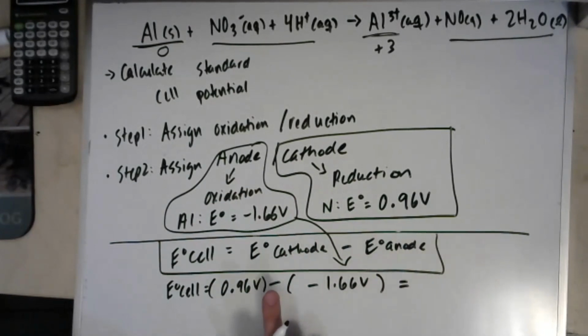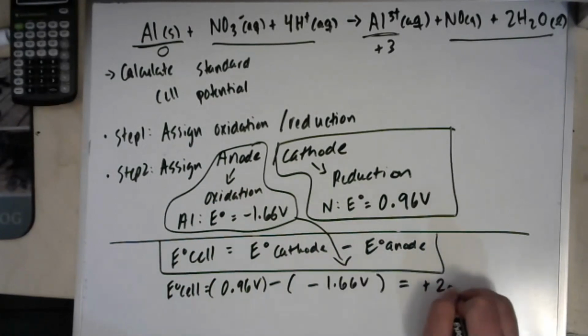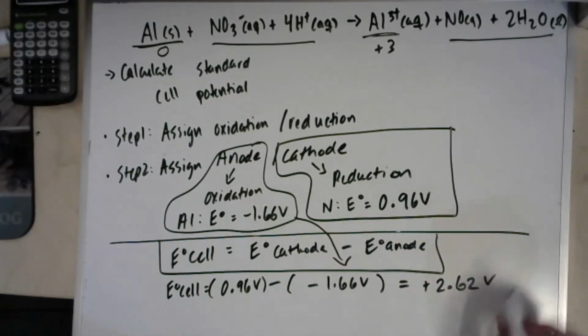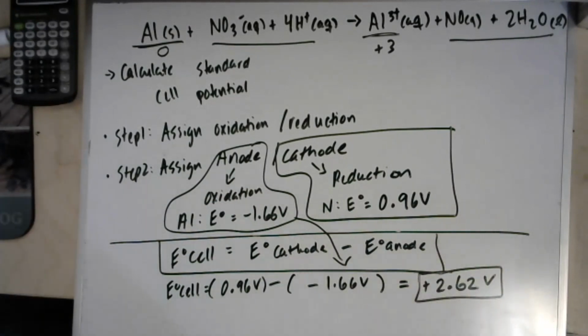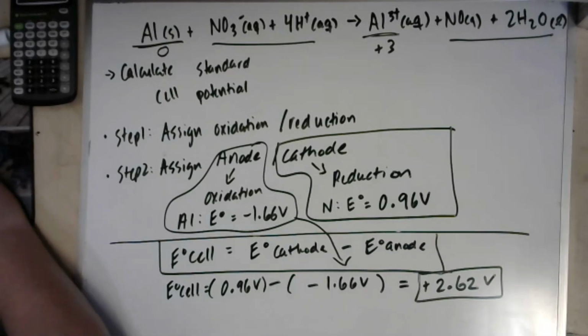Negative minus a negative is going to be a positive. So we're going to end up with an E cell here of positive 2.62 volts. Pretty easy to do, especially once you have a good understanding of how to look at redox reactions.